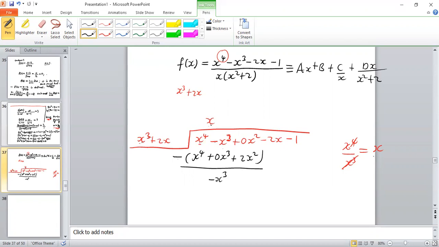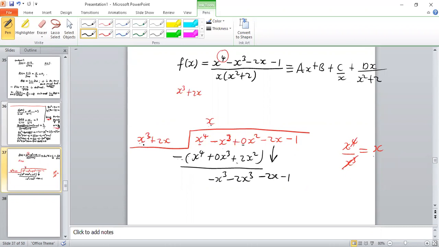Then 0 minus positive 2x to the power 3 will be negative 2x to the power 3. Then we can bring down this minus 2x, and minus 1. Let's just bring them together.